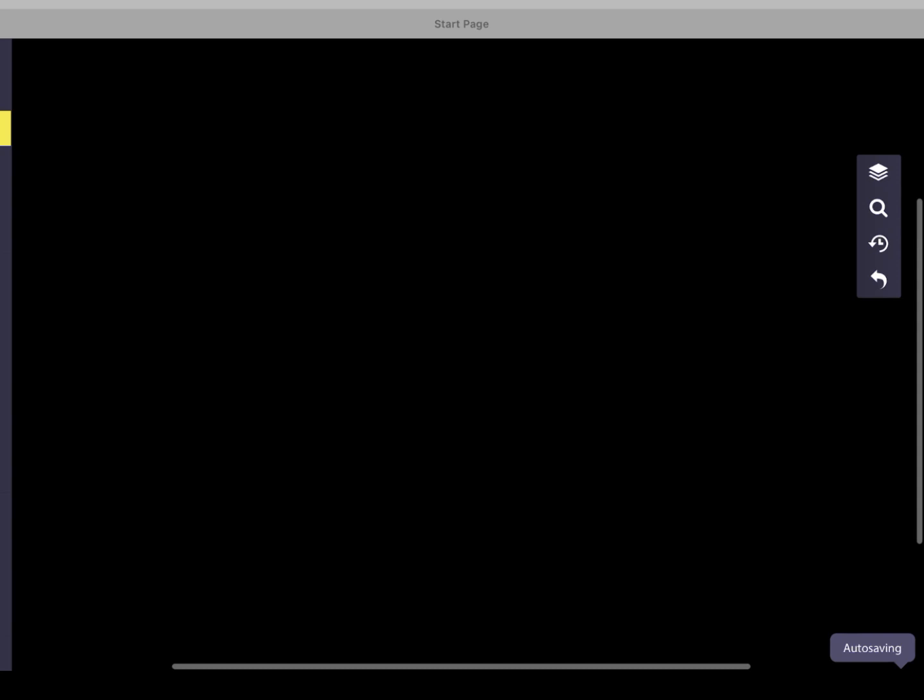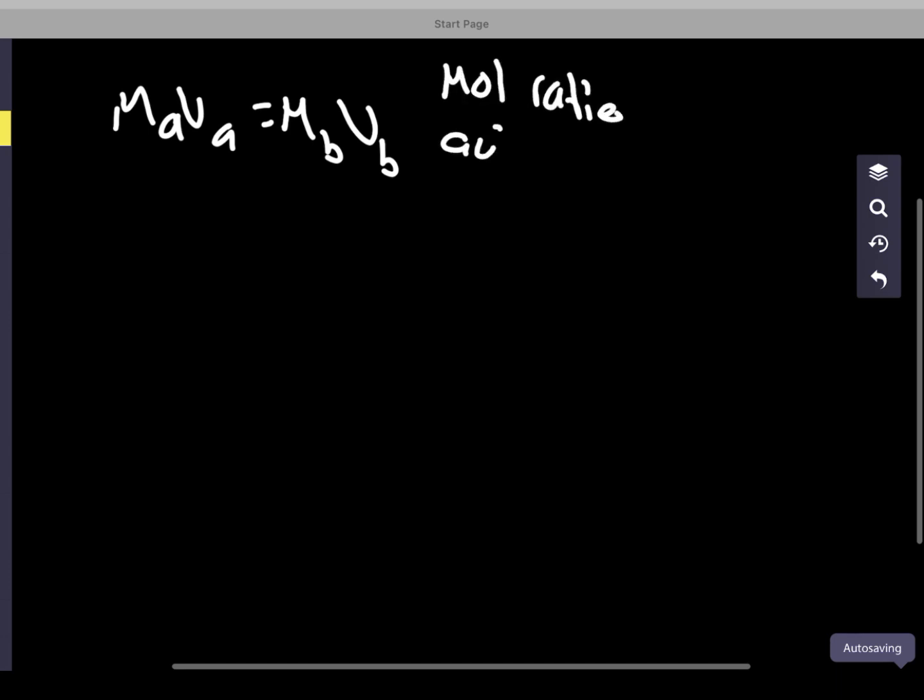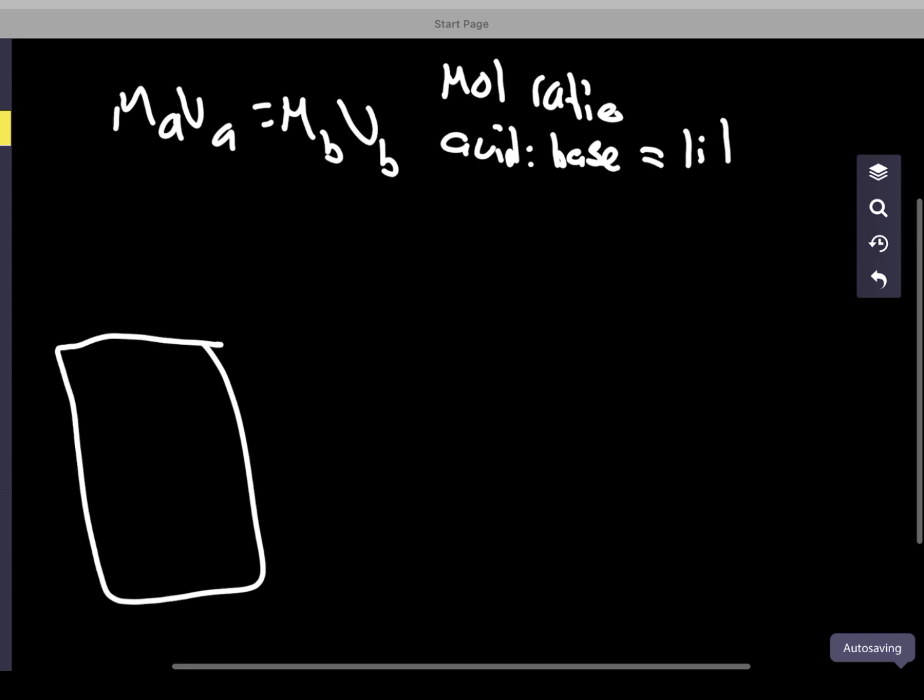Alright, now remember how I said MAVA, MAVB only works if the mole ratio of acid to base is 1:1. If the mole ratio isn't 1:1, you just gotta use stoichiometry. So what I mean by that is, let's say that we have HCl.